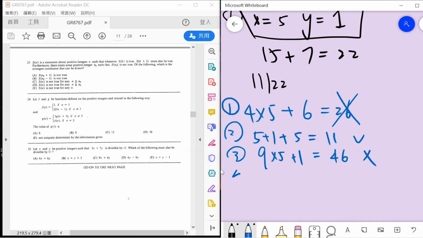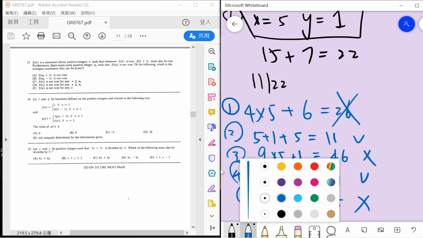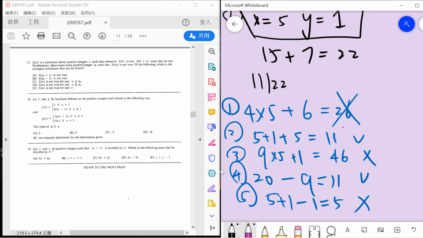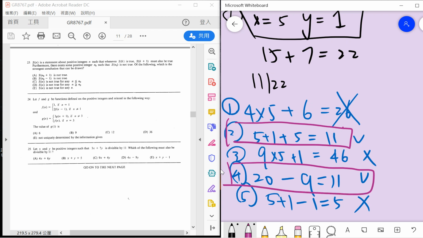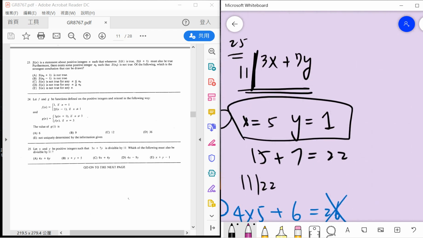And 20 minus 9 is 11. Looks okay. 5 plus 1 minus 1, this is 5. Not okay. So unfortunately, we still have two choices left, and we need to come up with another trial case, and hopefully we can distinguish them.